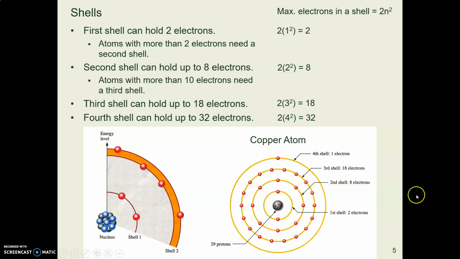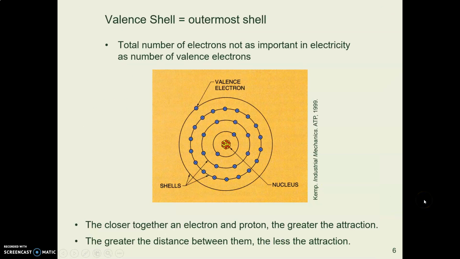The fourth shell has the one remaining electron in it, and you can see that it's farther away from the nucleus than the other electrons. That outer shell is called a valence shell, and that electron out there whizzing around in that outer shell is called a valence electron. And that's what's important in electricity.